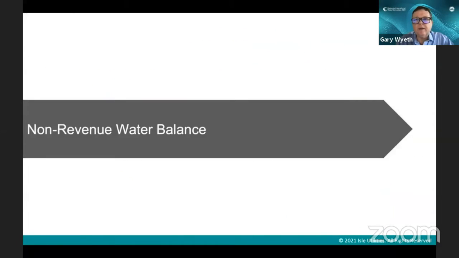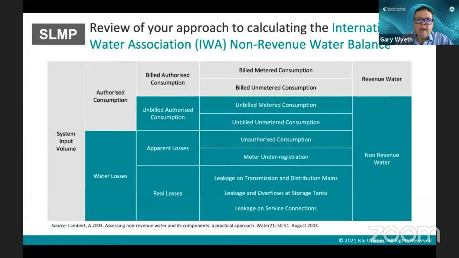So if we look at the 9 areas that I was talking about, we can start with non-revenue water first. One of the key areas for any utility to look at is the non-revenue water water balance, which was developed by the IWA.